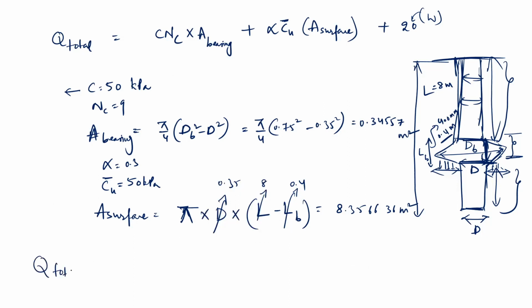Q total is C, 50, into 9, into A bearing 0.34557, plus 0.3 into 50 into A surface 8.356636, plus 20.